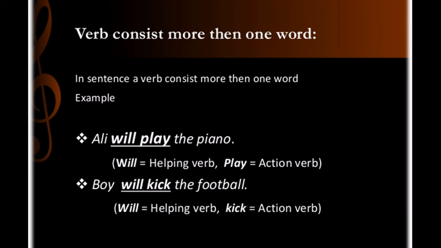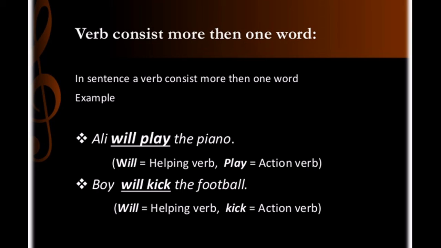Verbs that consist of more than one word. In some sentences there are verbs which consist of more than one word. Example, Ali will play the piano. Now here what is your main verb? Play is your main verb. Okay, but what about will?